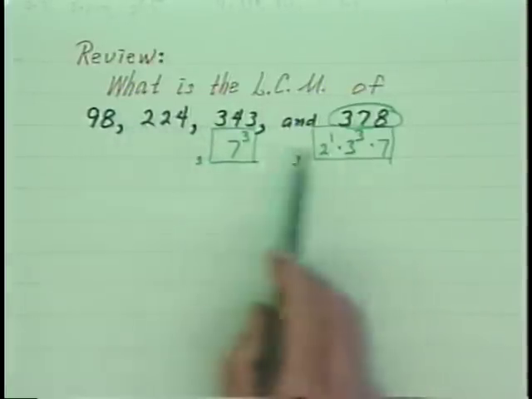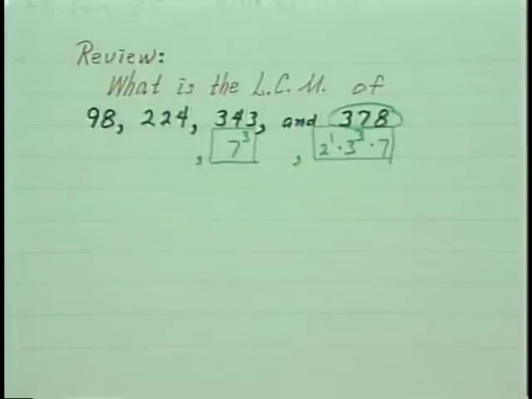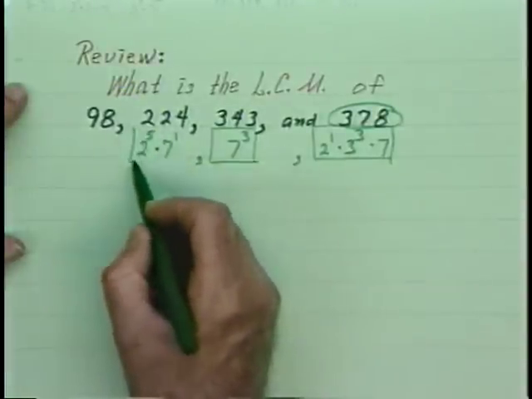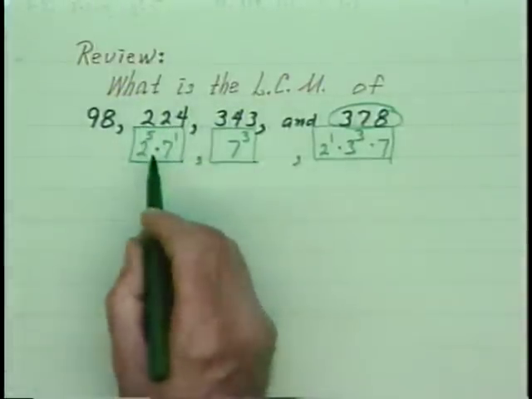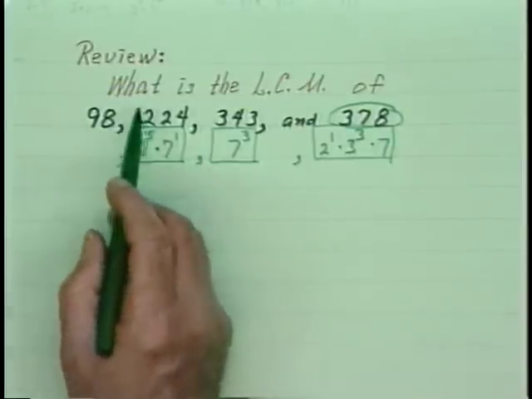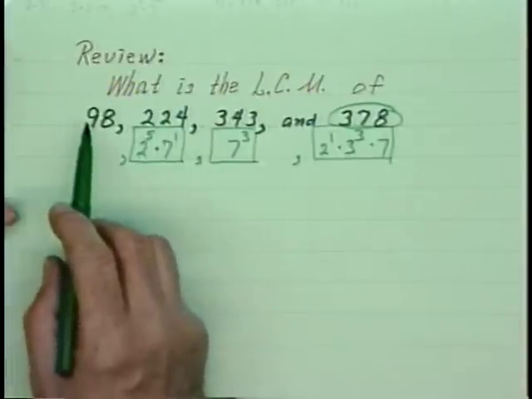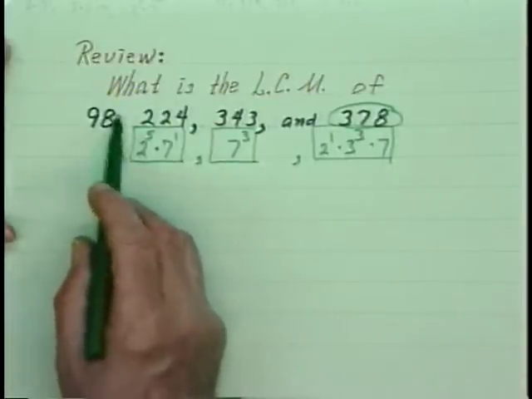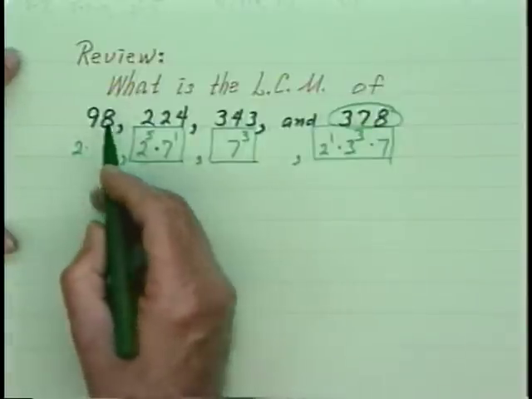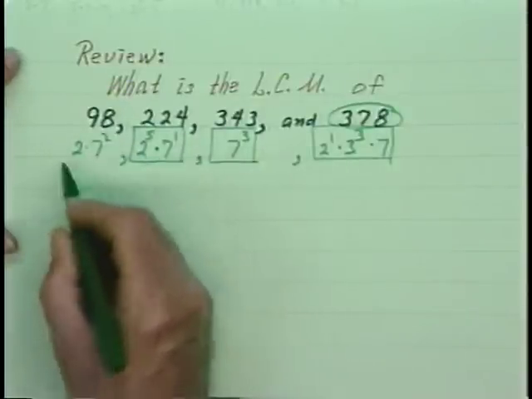Now, doing the same procedure to this, we would find that it prime factors to 2 to the fifth power times 7 to the first power. So this is simply another way of saying 224. Then 98 is so simple we can almost prime factor that mentally. We can see that 2 goes into 98 49 times, and 49 is 7 times 7.